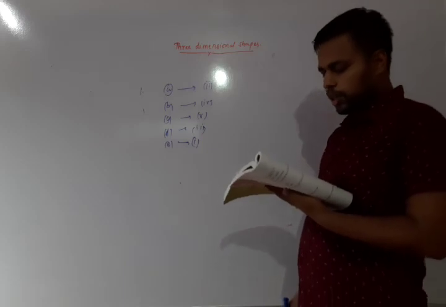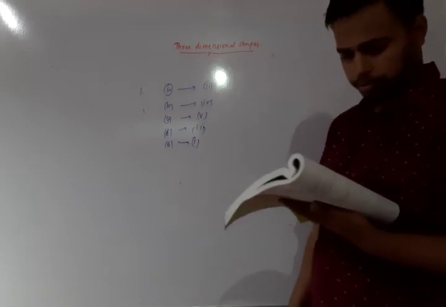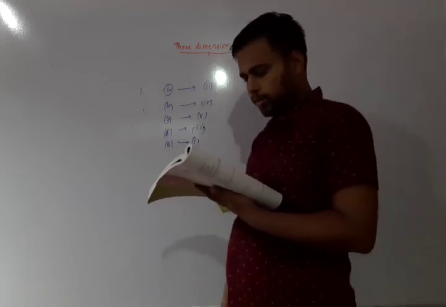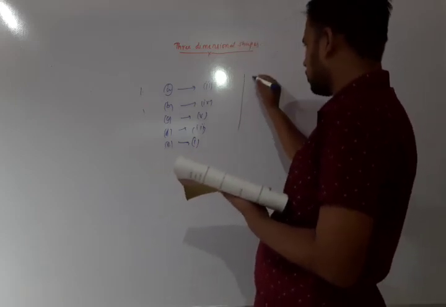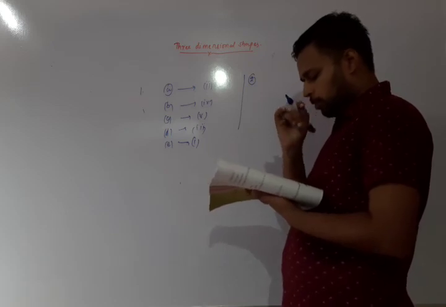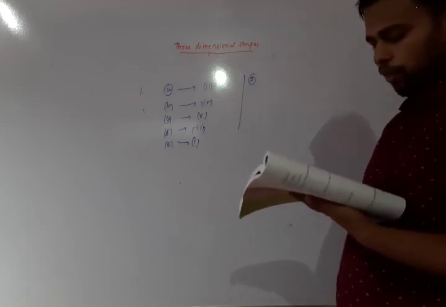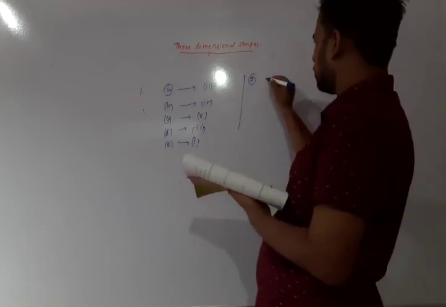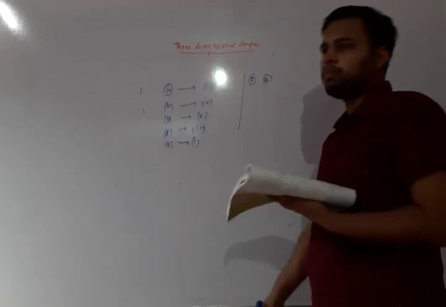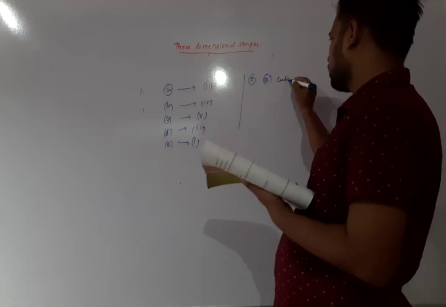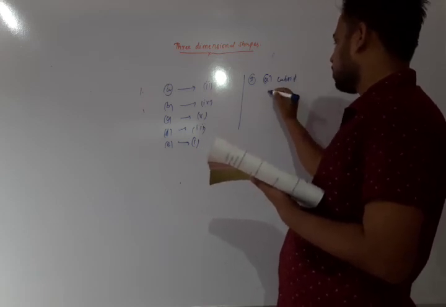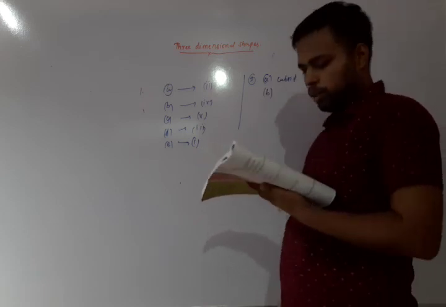Give two new examples of each shape. Now moving to question number 2. We have to give two examples of each shape. First, instrument box. What will be the shape of an instrument box? The shape of an instrument box will be cuboid.